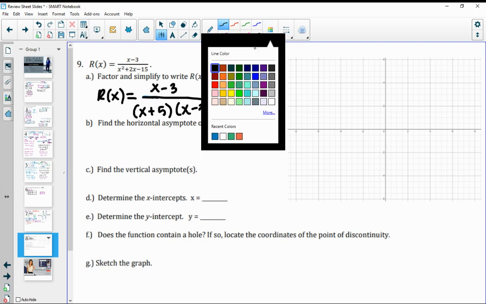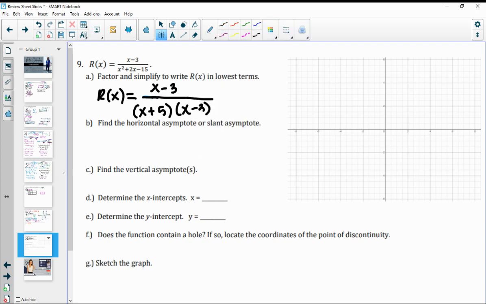So in this case, let's jump to the hole first because we see that there's a shared factor on top and bottom. So there is a hole here, and it's happening when x equals positive 3 because that's what makes this factor 0. So then when you go to figure out the hole, you can just think of these as canceling out. So then there's a 1 up here.